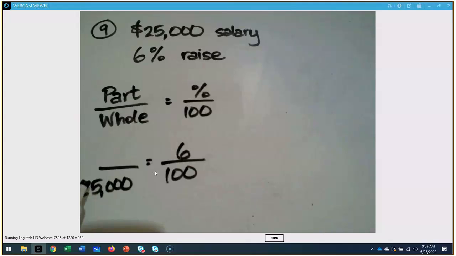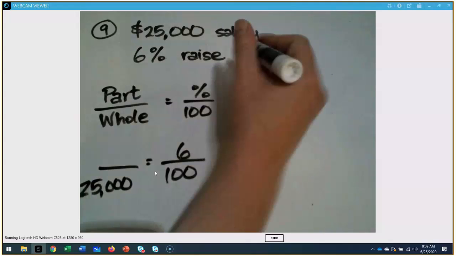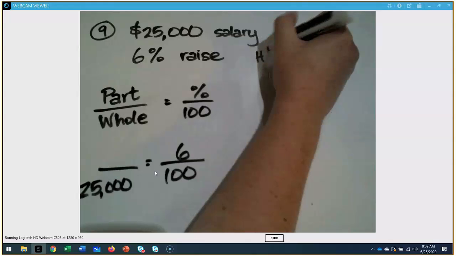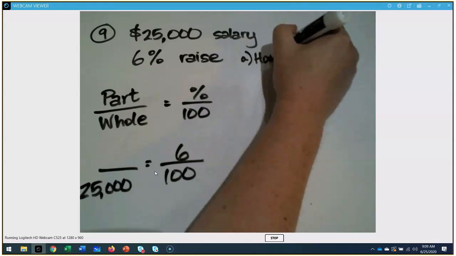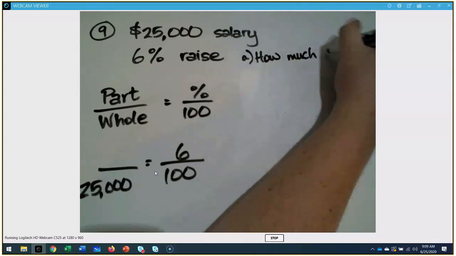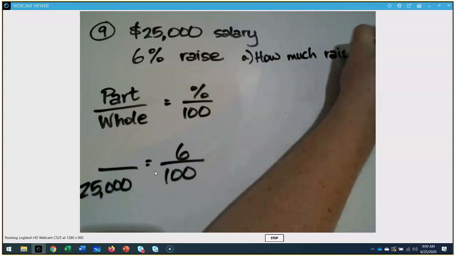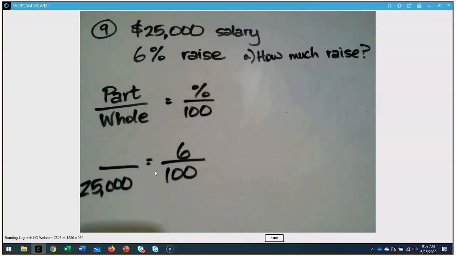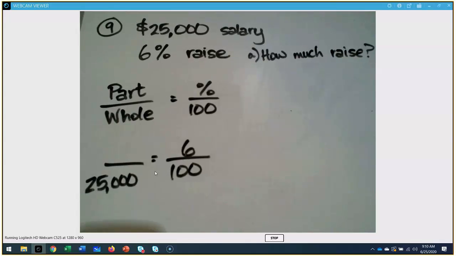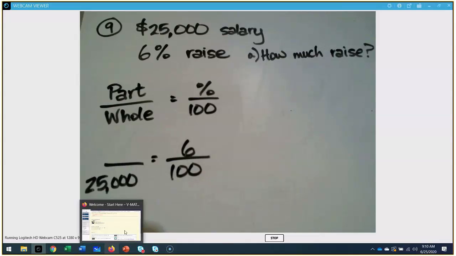And they're asking how much of a raise does she get for part A. So let me. Well, I have a question. Yep. When I did it, I plugged it in wrong. I put the 25,000 as the part since we're looking for the whole amount that she got. Okay, so that was what I was going to talk about right here.